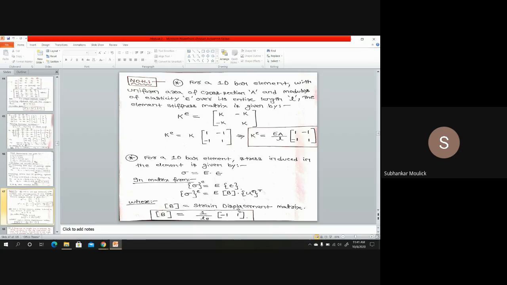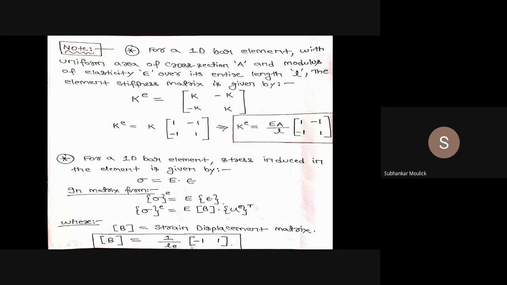And the strain displacement matrix is nothing but a 1 cross 2 matrix. You can see this is one row and two columns. So you can write it as 1 upon LE times the 1 cross 2 matrix minus 1 1. What is this LE?